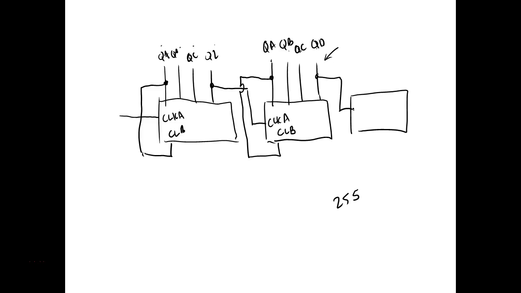So now we can count up to 511. I can keep adding these and get just about any count we want, but the propagation delay would be set by this guy, so the speed we could count at would be a lot slower.